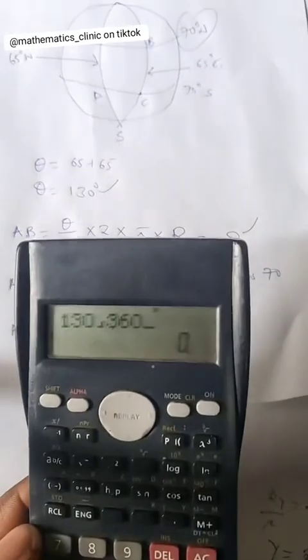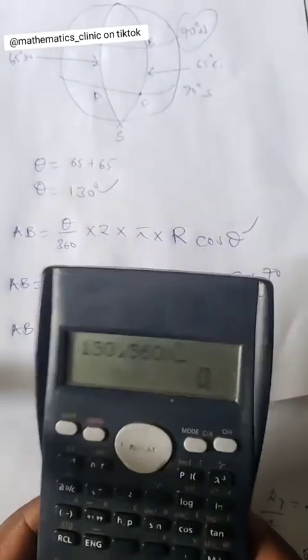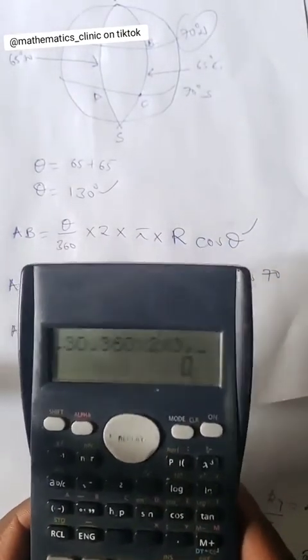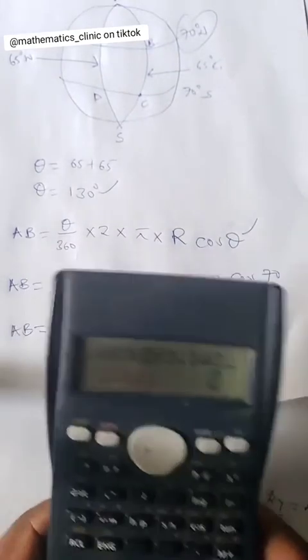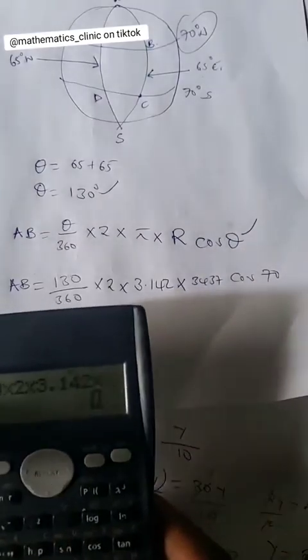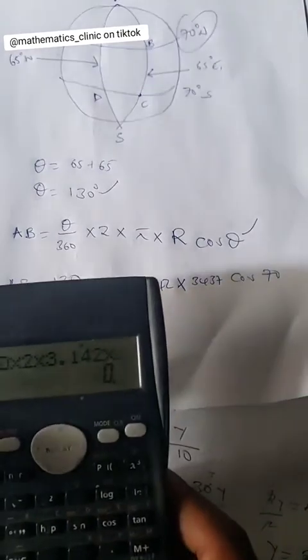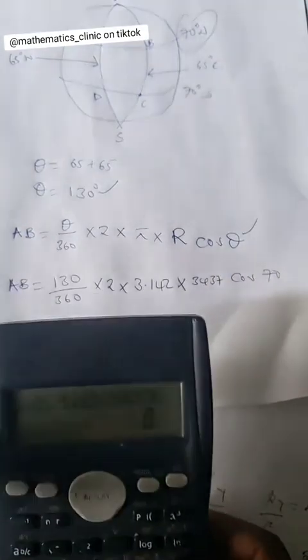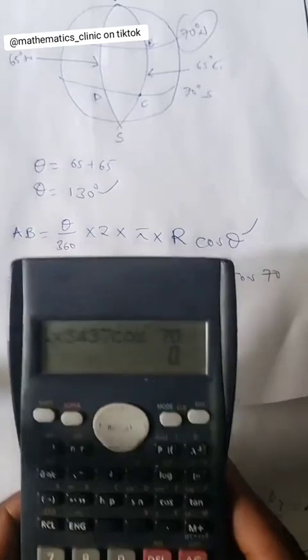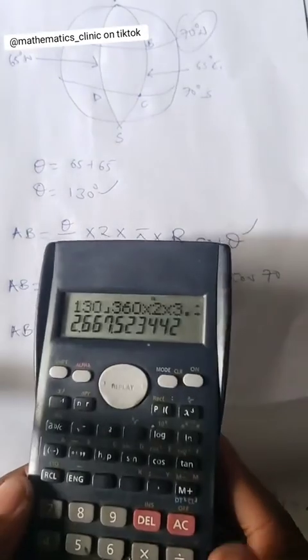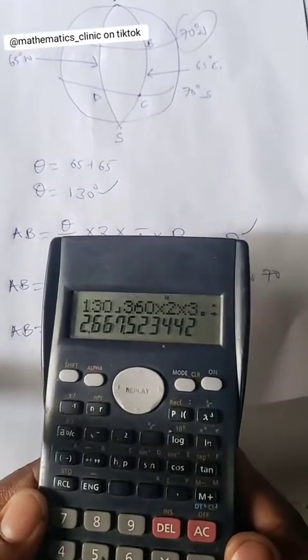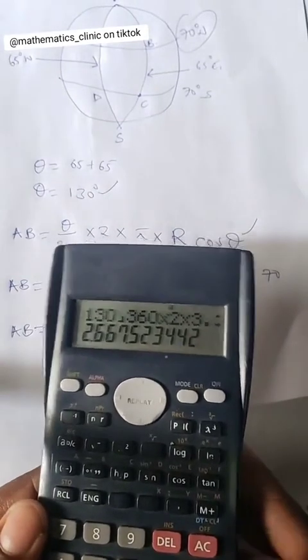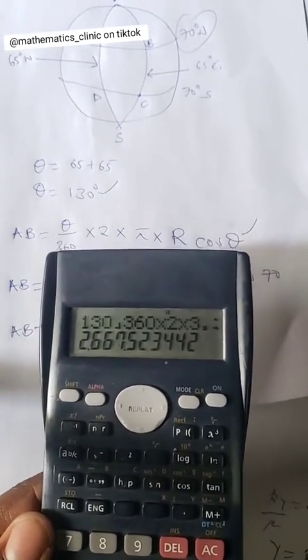So we say 130 over 360 times 2 times 3.142, then times 3,437 cos 70. And we are getting 2,667.523442.